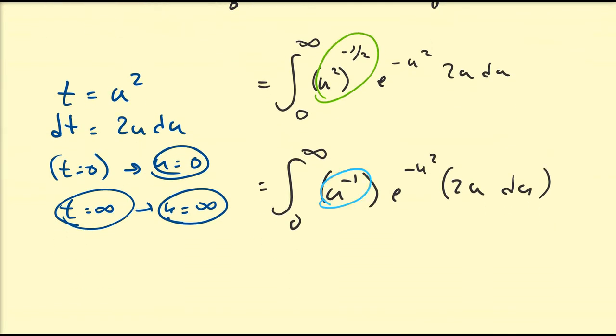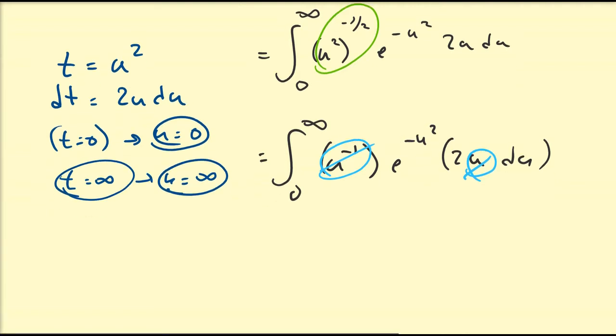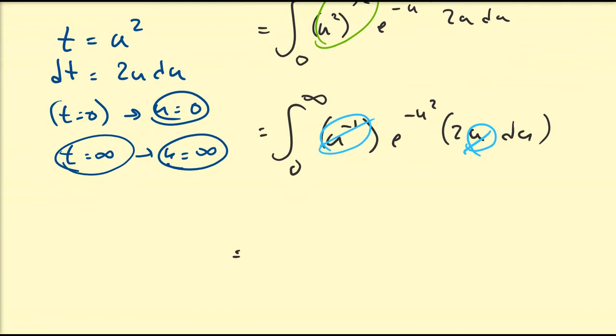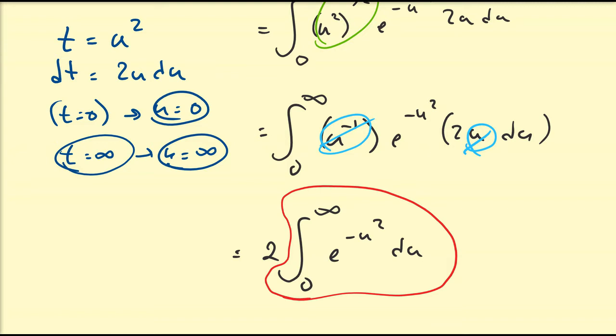So we know u to the negative first times u is going to cancel to 1. So this is just going to be equal to 2 times the integral from 0 to infinity of e to the minus u squared du. In case you do not already recognize this integral, this is what we usually refer to as the Gaussian integral.